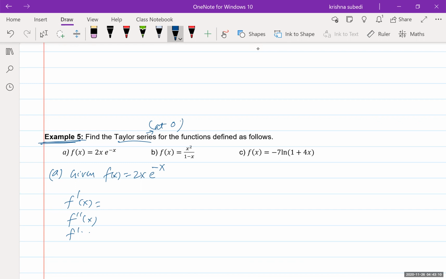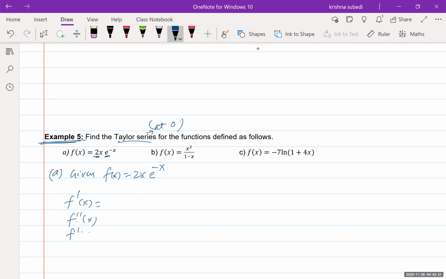Now in that case, it's too much work. You see, for the first one, we have to use the product rule. So we'll get two terms. And if we do the second derivative, we have to use the product rule again for both of these two terms. We'll get maybe 4 terms, and it's getting bigger and bigger.